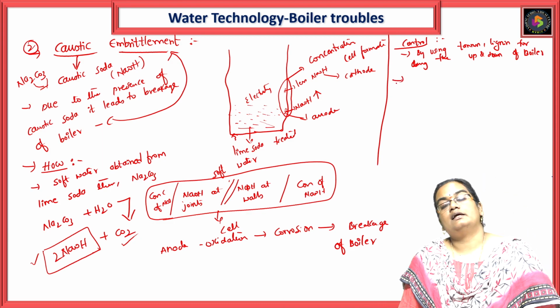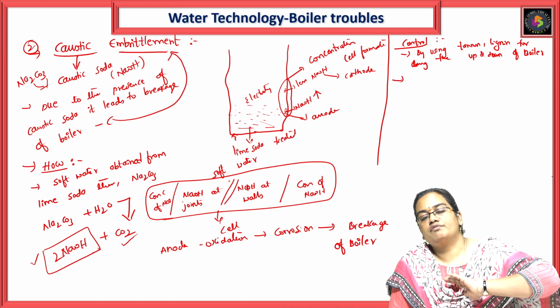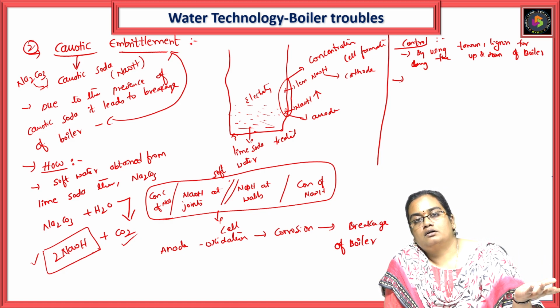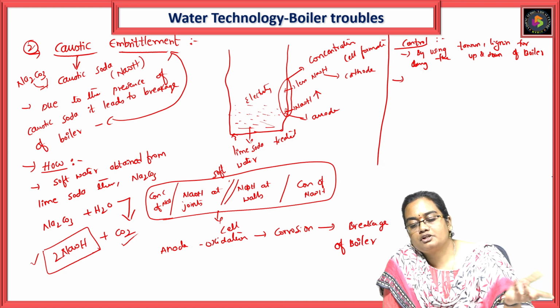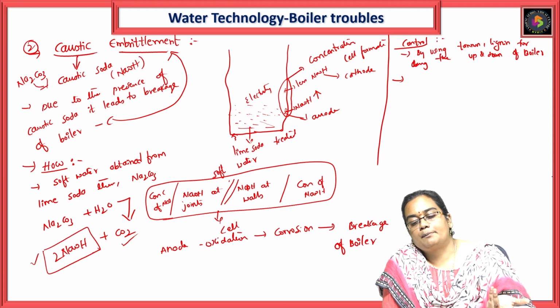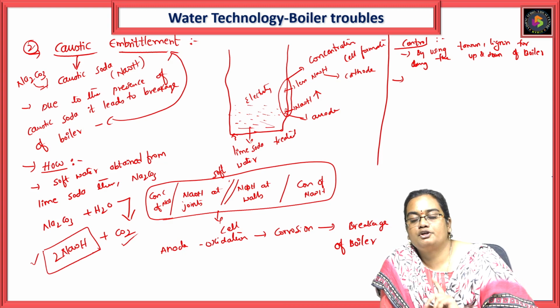If we make the uniform surface of the boiler, then there won't be any accumulation. If there is no accumulation, there is no concentration cell formation. No concentration cell means no caustic embrittlement problem also. This is your first preventive measure.